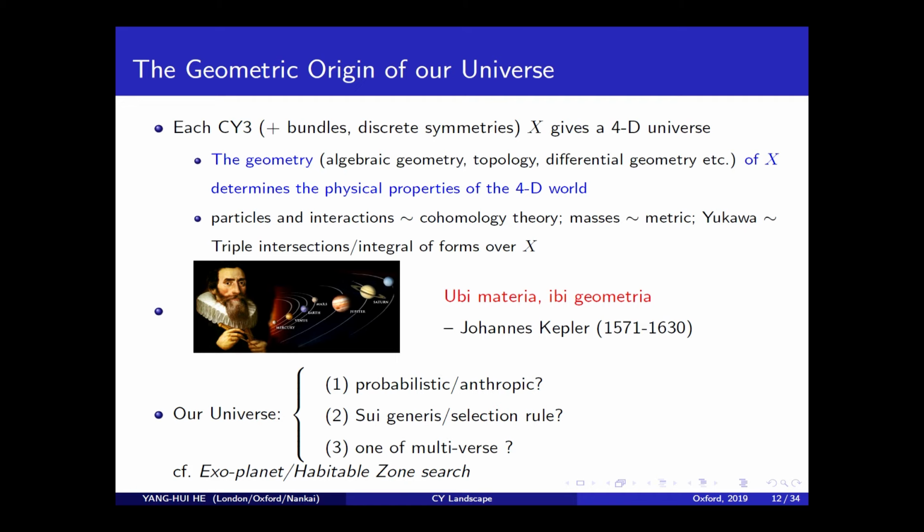Right, so let's summarize. If I compactify on each one of these Calabi-Yau threefolds, plus all of the extra data, that gives me some kind of 4-dimensional universe, the geometry of which determines the particle phenomenology, or the physical phenomenology, of the world.